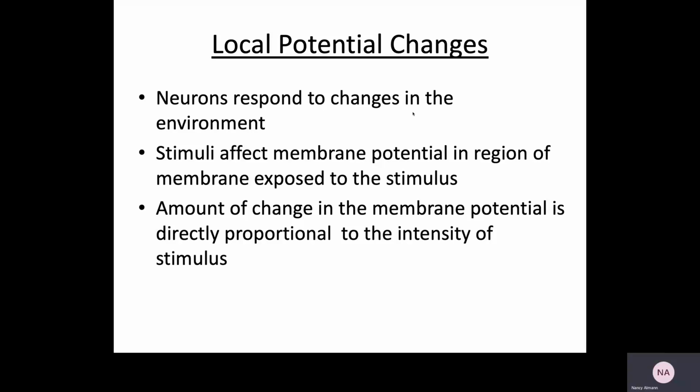So if you have a little stimulus, there'll be a little change, which may not meet threshold and be big enough to cause an action potential. And if you have a big stimulus, you'll have a big change, and that is more likely to meet the threshold and cause an action potential. So let that sink in, and we'll continue on with more information about the action potential in the next section.